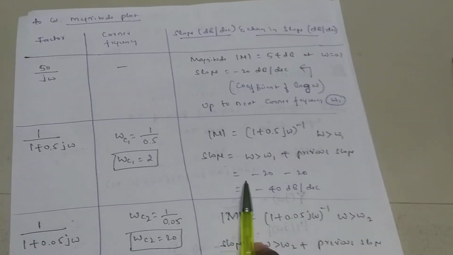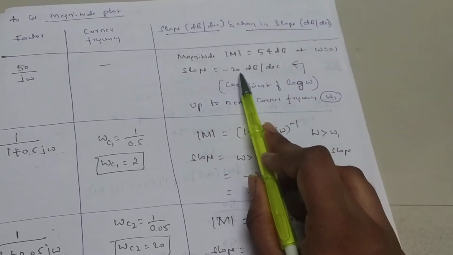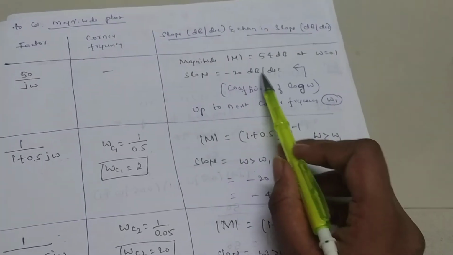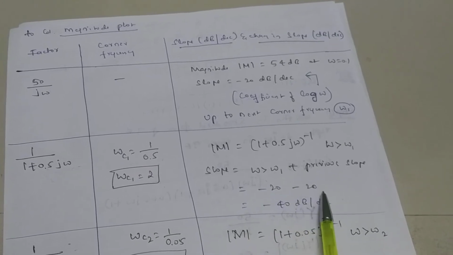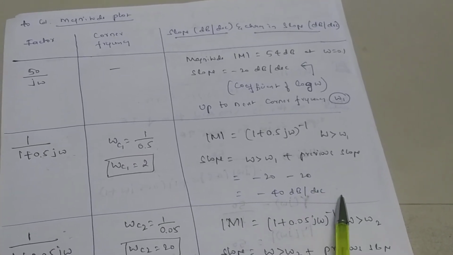The initial slope we found is minus 20 dB, plus minus 20 dB. So how much did we get? Minus 20 minus 20 is minus 40 dB per decade.